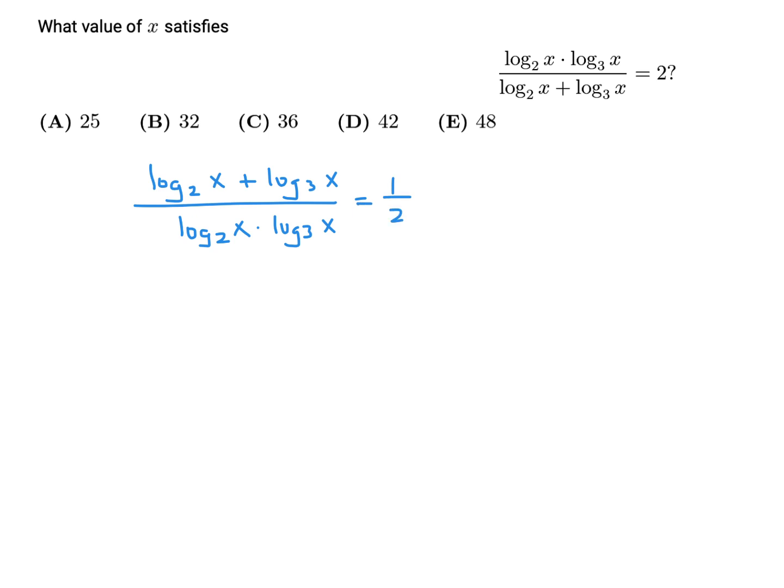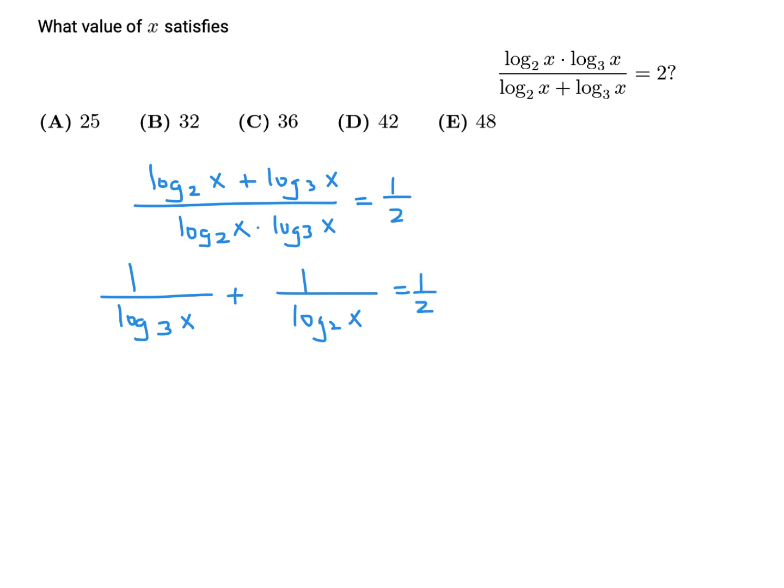I just flipped it. And then when you do this individually, this will become 1 over log of x to the base 3 plus 1 over log of x to the base 2. And that will be 1/2.